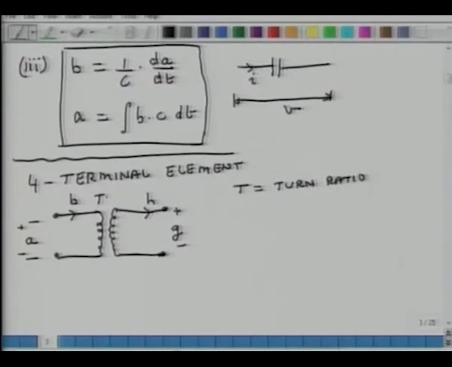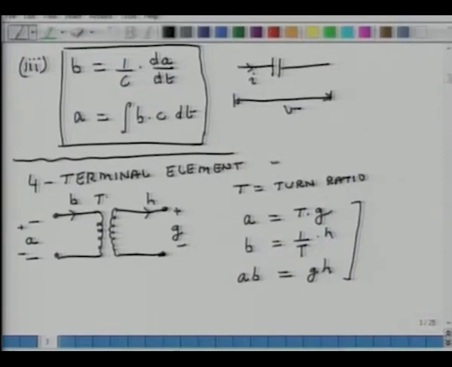And what we have drawn is essentially an ideal transformer. So in this case, the relationship between A and G is A equals T times G, B equals 1 over T times H, and then we also know that AB equals GH. Okay? So we are right now talking only about the electrical side of things, but we will see how these ideas also translate into the mechanical world. So this is a four-terminal element because it has 1, 2, 3, and 4 terminals.